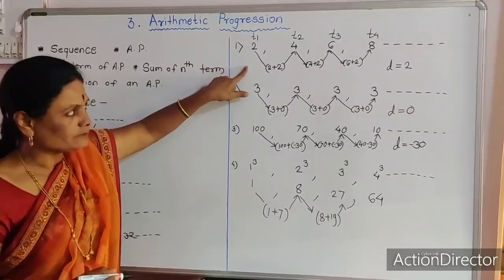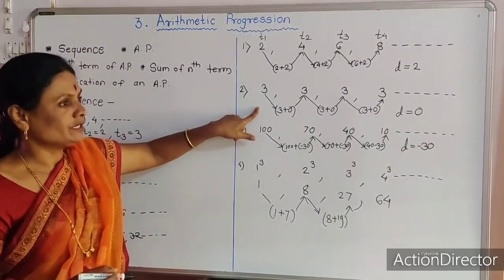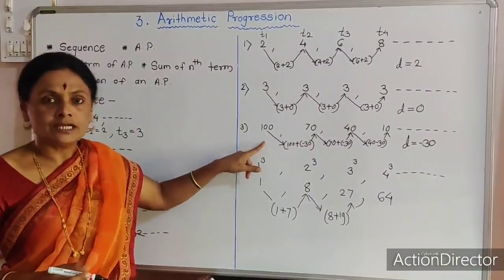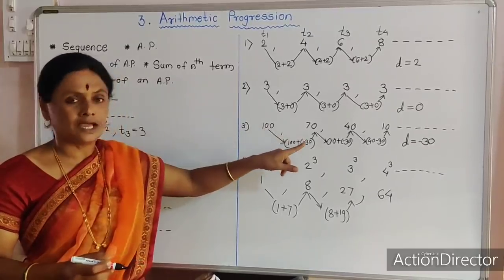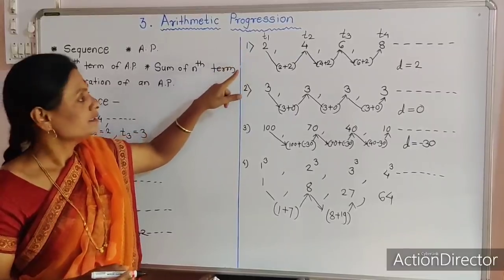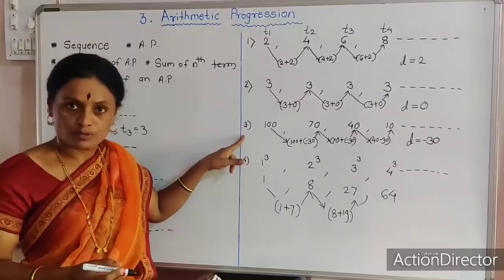In the first case, D is constant. In the second case also, D is constant. In the third case, D is constant, that is D is the same, and therefore these three examples are arithmetic progressions.